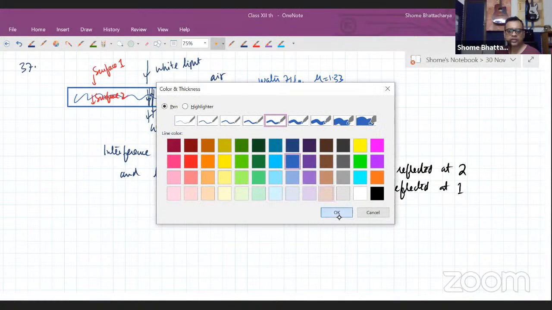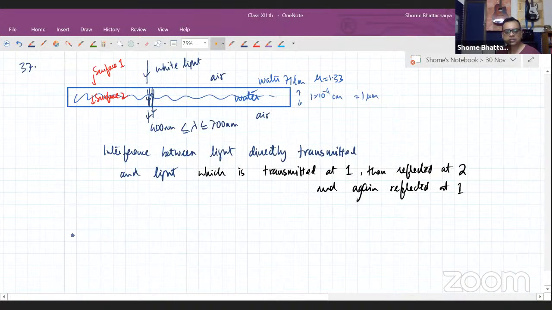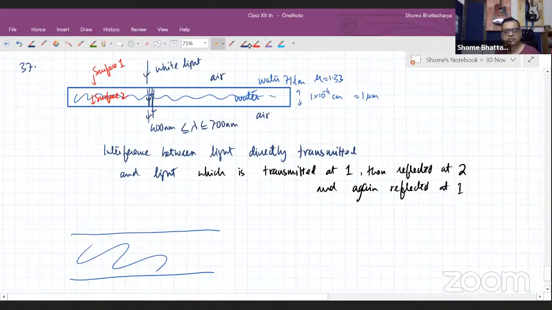I understand. So one, we are considering light which is going through directly, and the other we are considering light which is going through, then reflected, then again reflected, and then going through. Okay.